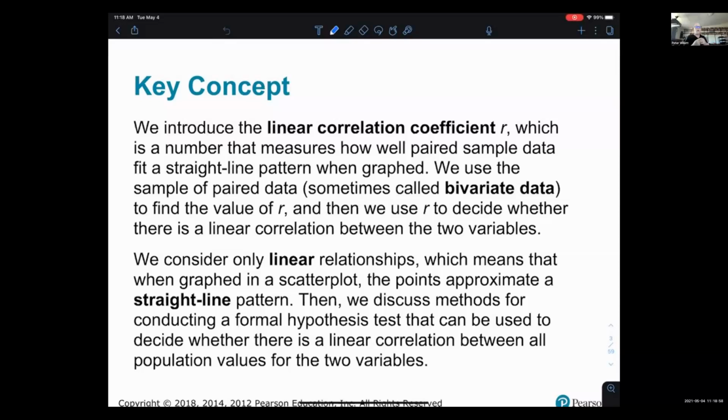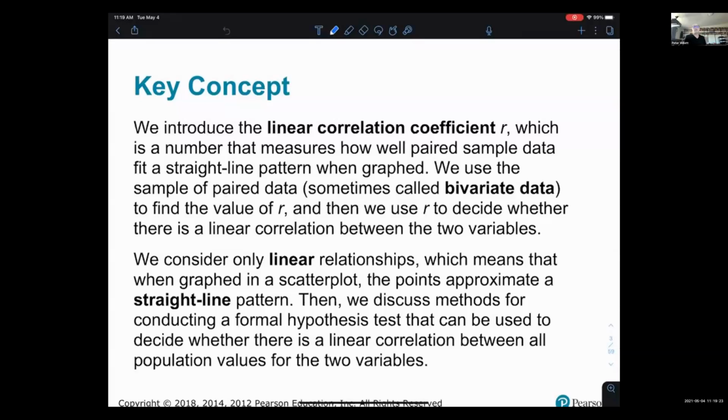Like, if I know the first value, I can use a linear equation to predict what the matched value would be. So we are working with paired data again, but now we're going beyond just comparing the data values. We're actually looking to see if there's a linear correlation between the two.